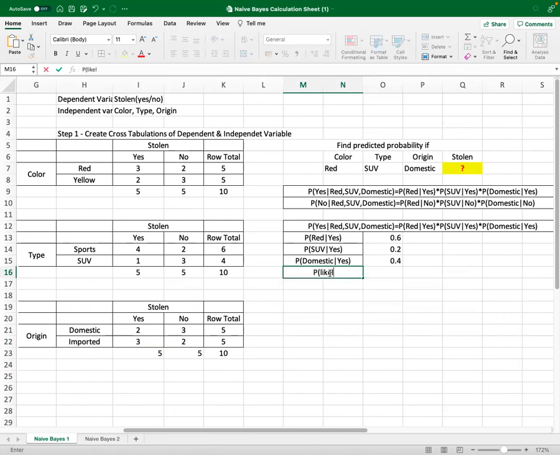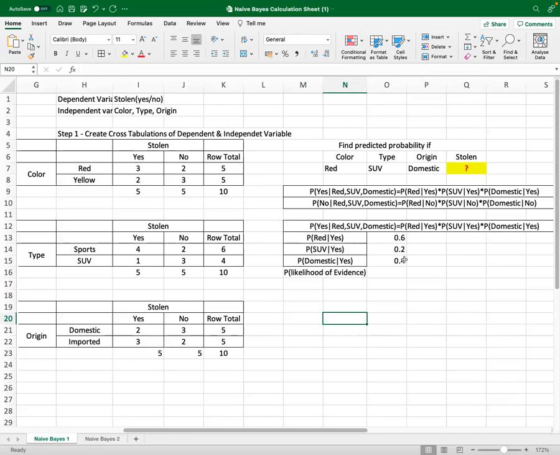Probability of likelihood of evidence is multiplication of these three, 0.6 into 0.2 into 0.4.